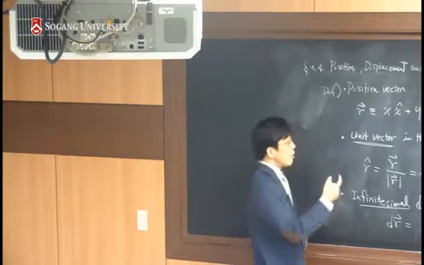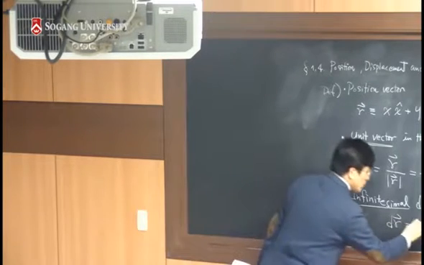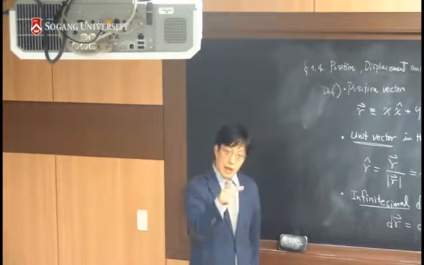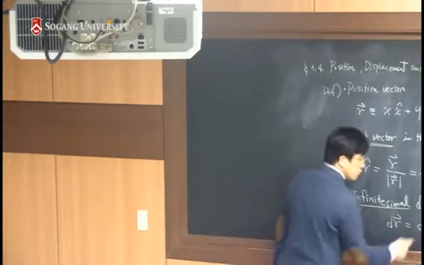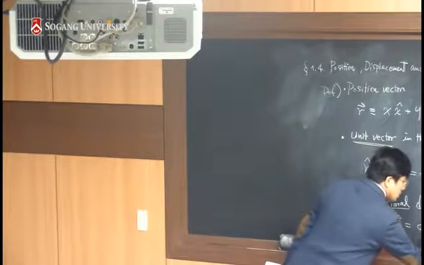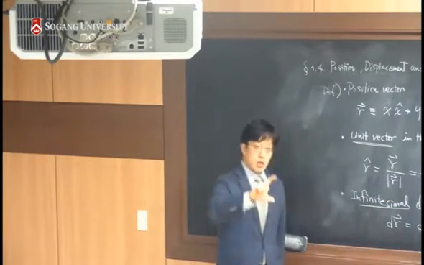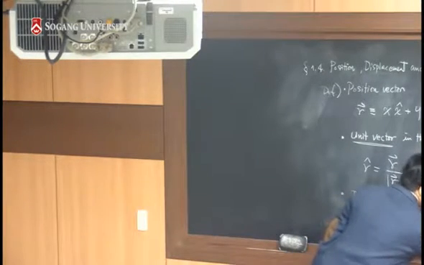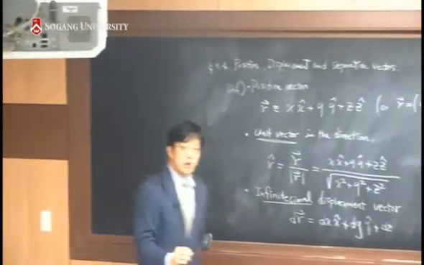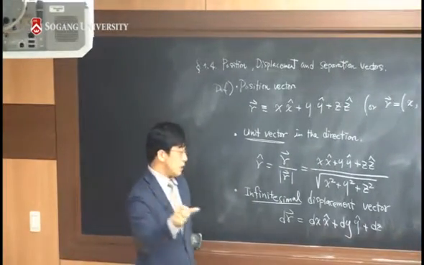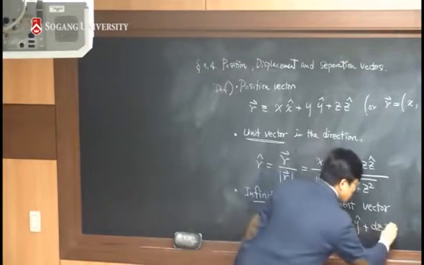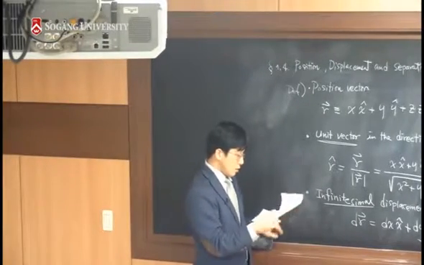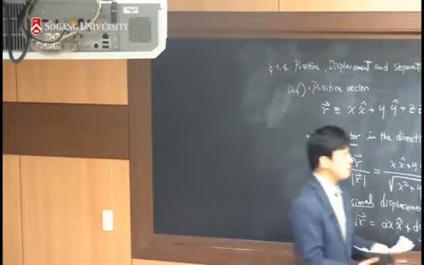It is given as dx in the x direction, so the infinitesimal change of the x position is put into the x direction, plus dy, which is the infinitesimal change of the y directional component, put in the y direction, and dz, the infinitesimal change of position in the z direction, is put together with the z directional unit vector. So this is what we call the infinitesimal displacement vector.